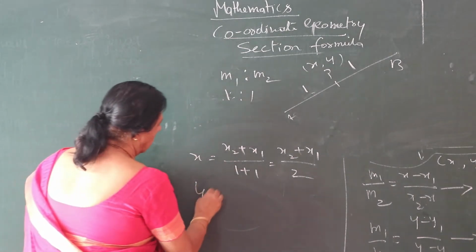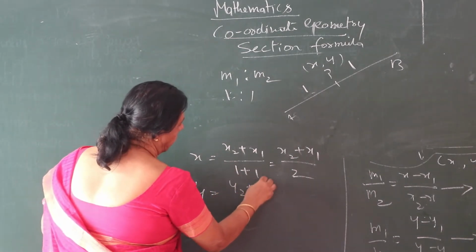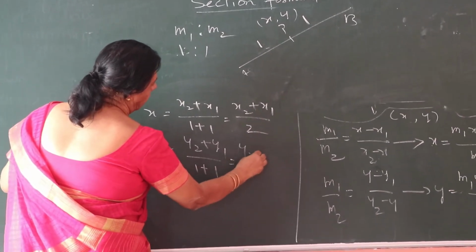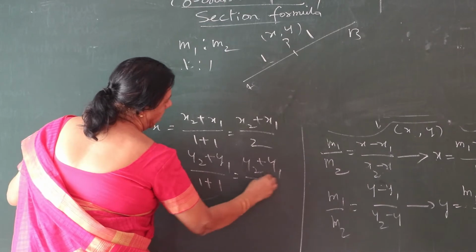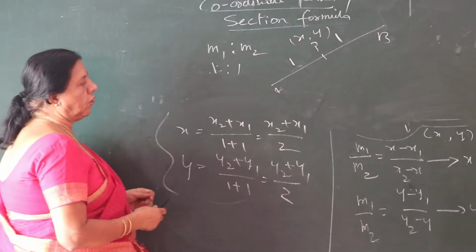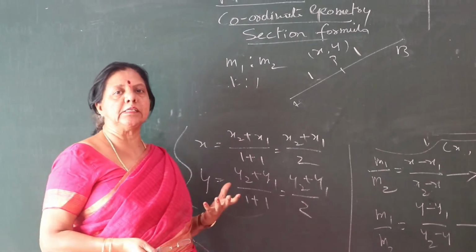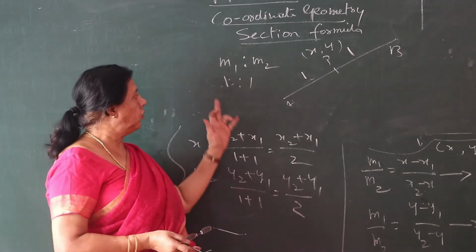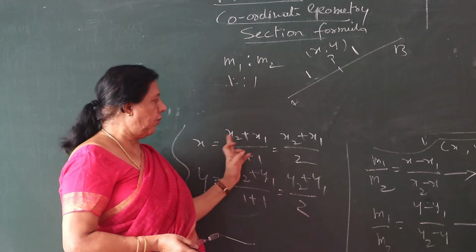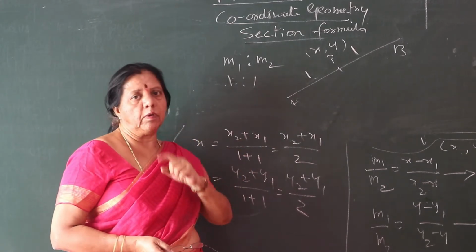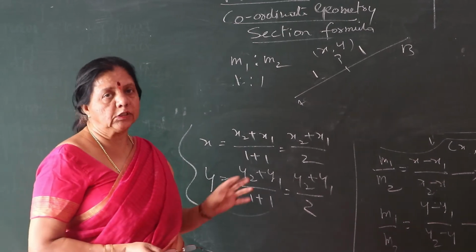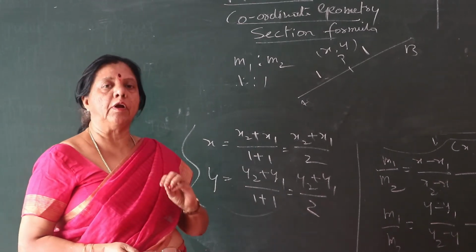Okay, so Y also, Y2 plus Y1 by 1 plus 1, that is Y2 plus Y1 by 2. This is the formula. So when the ratio is 1 is to 1, you substitute for M1 and M2, so M1 and M2 become 1 by the time you calculate. Okay, children? So it is given in your textbook.